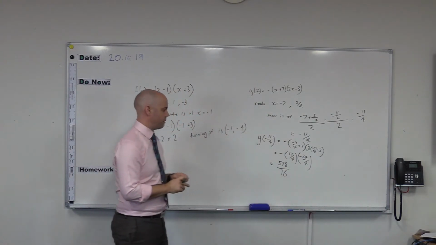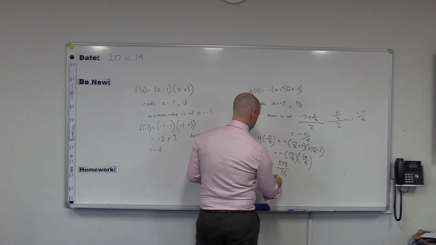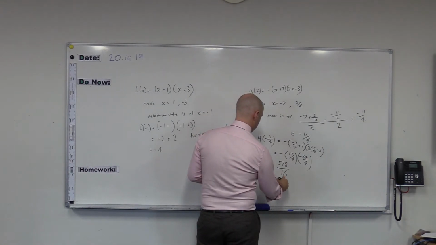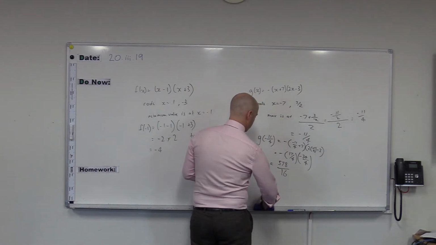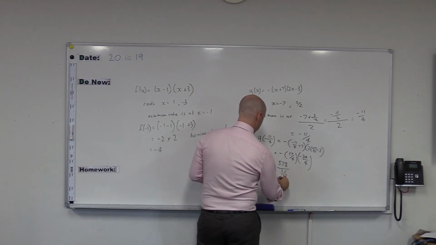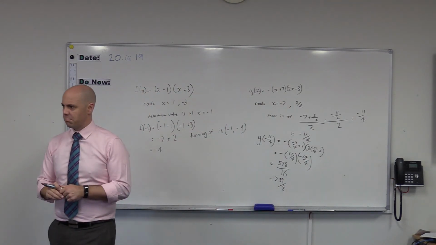I can simplify that. Divide top and bottom by 2. 289 over 8. Not a nice number. That's all right though.